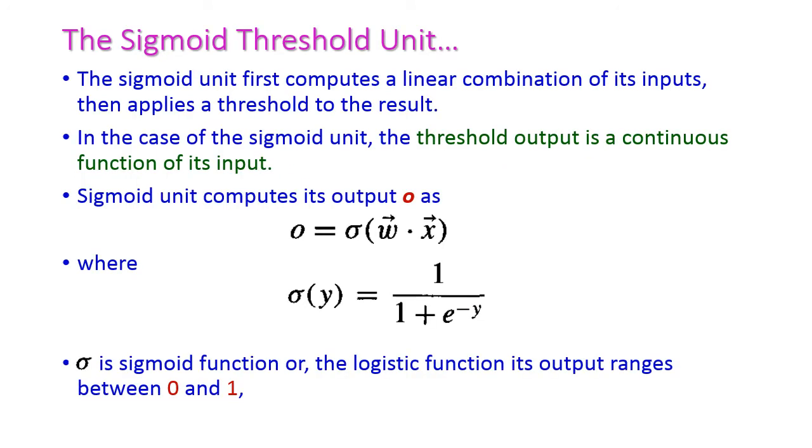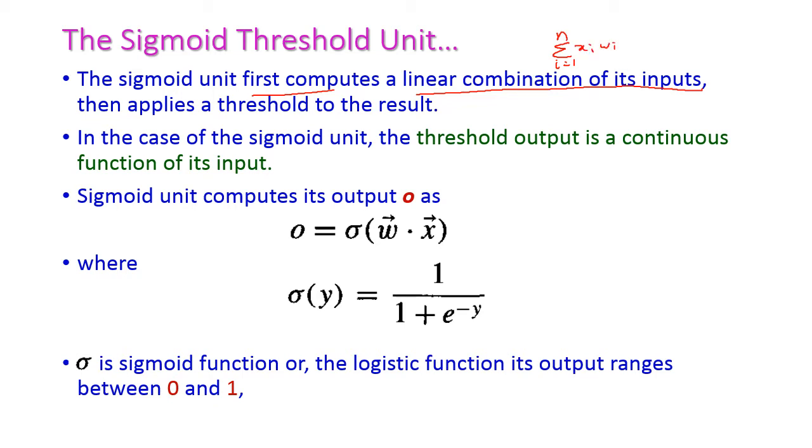The sigmoid unit first computes a linear combination of its inputs. That is, it adds all the inputs multiplied by the weights, that is summation of i equal to 1 to n, xi wi.